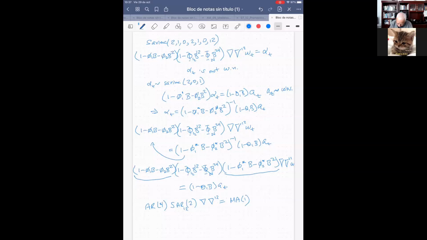This will be a SARIMA with order 4, because I have a fourth order autoregressive polynomial, then one non-seasonal difference, and I have 0 moving average terms on the non-seasonal part.